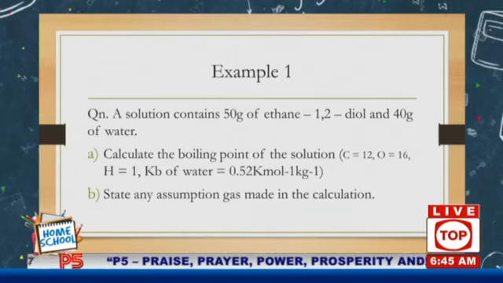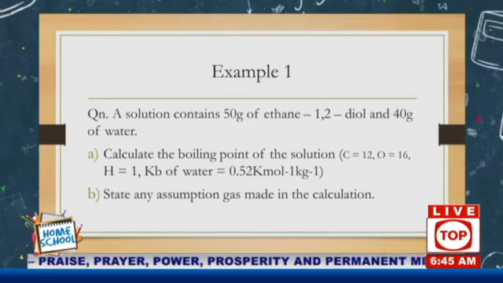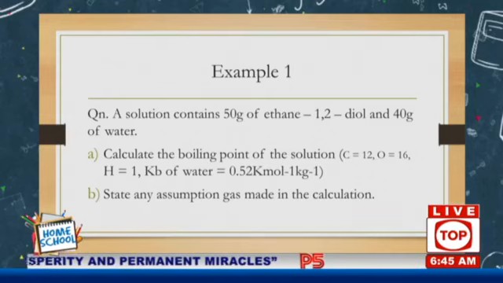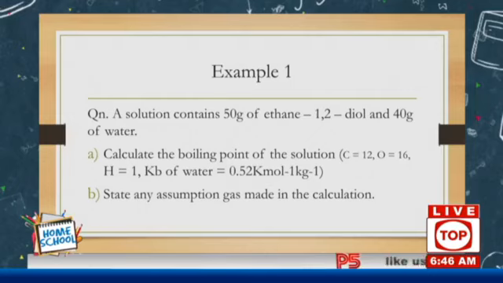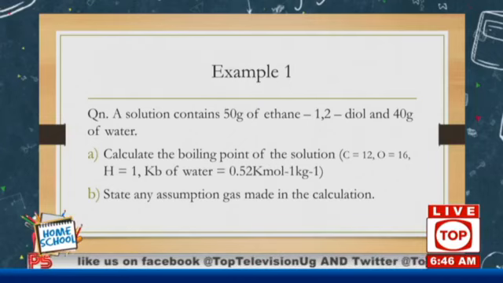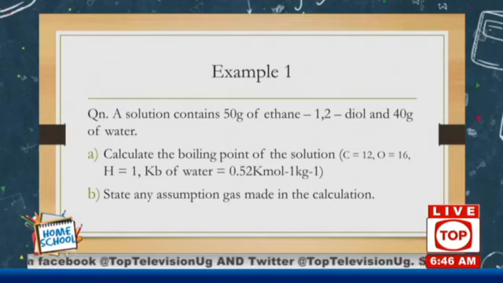So we say that boiling point elevation is the difference between the boiling point of the solution and the boiling point of the pure solvent. Remember, the boiling point of the solution is higher than that of the solvent.